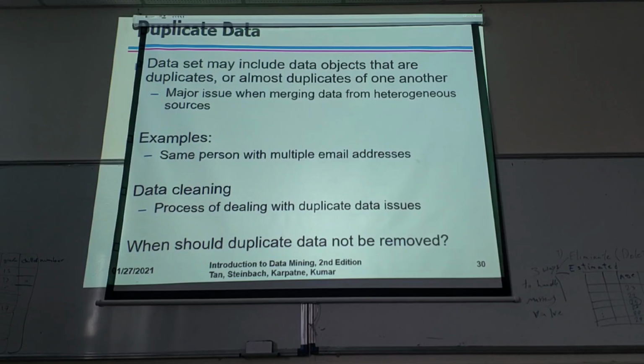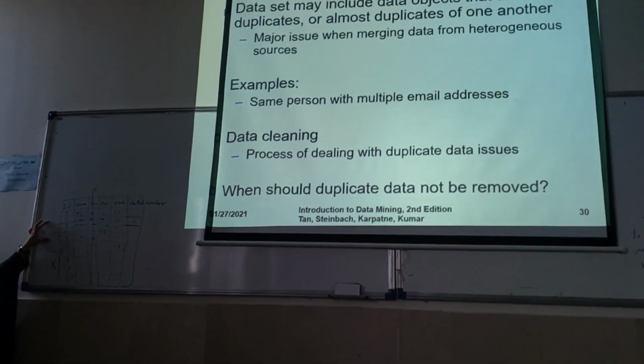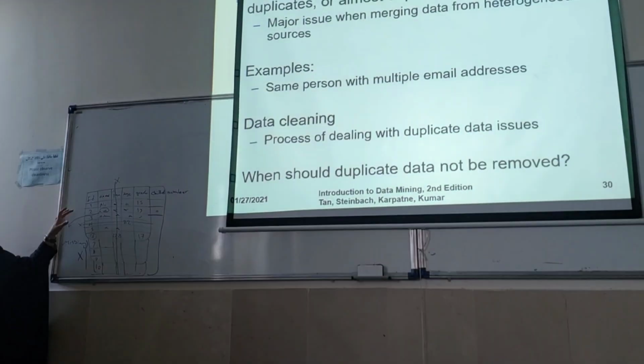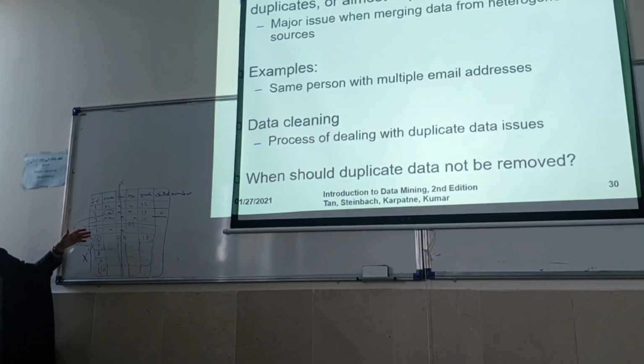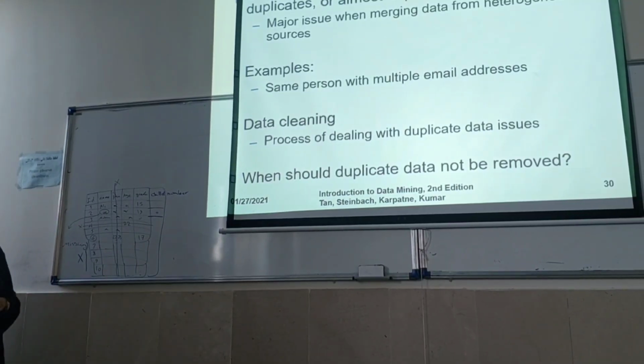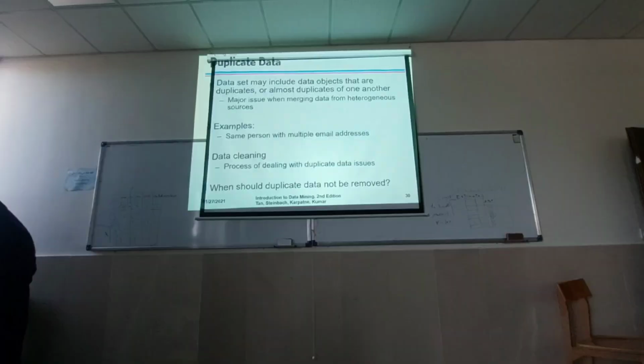A data set may include data objects that are duplicated or almost duplicates of one another. For example, in this table I have 2 students with the same attributes. The features of one student are repeated in this data set: duplicated data.